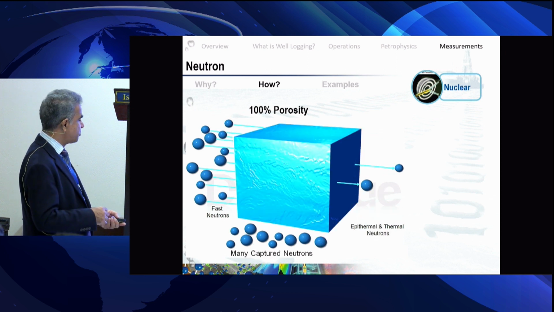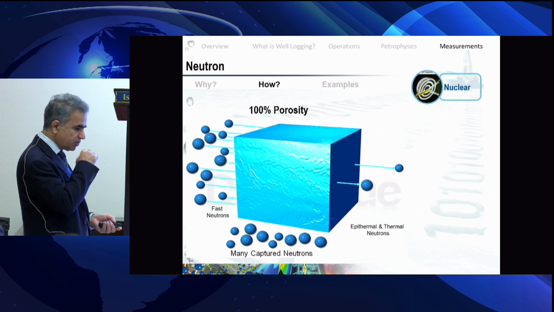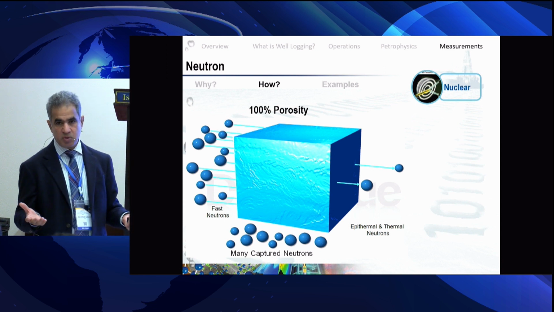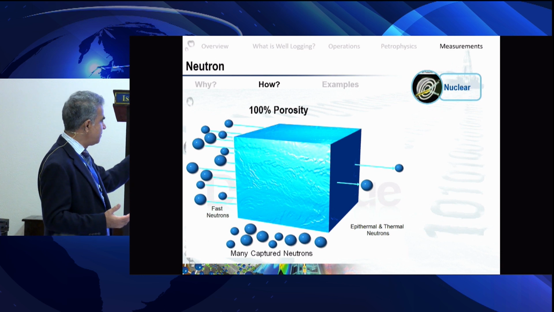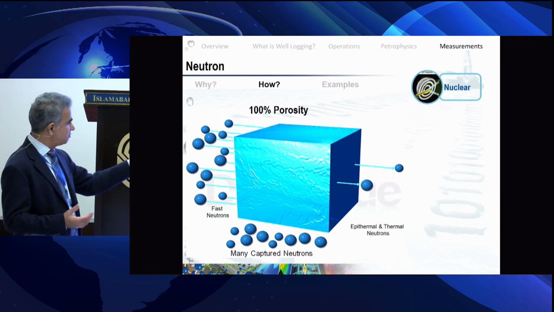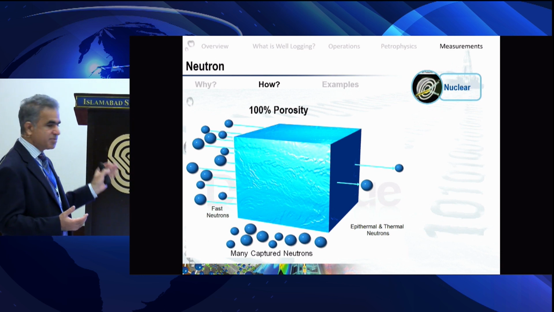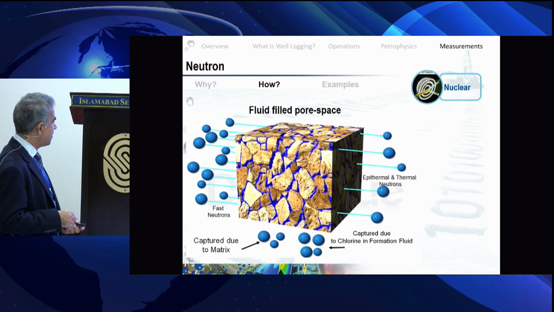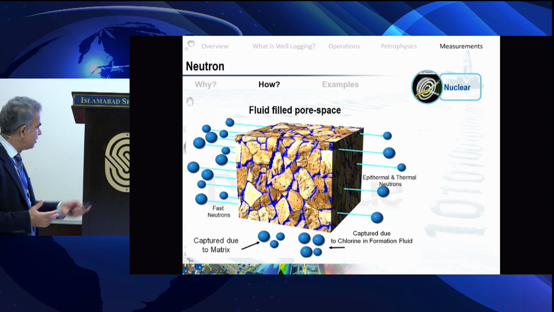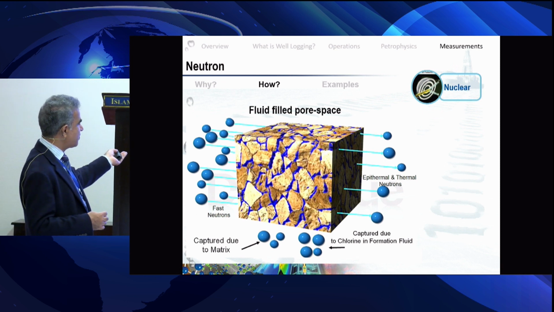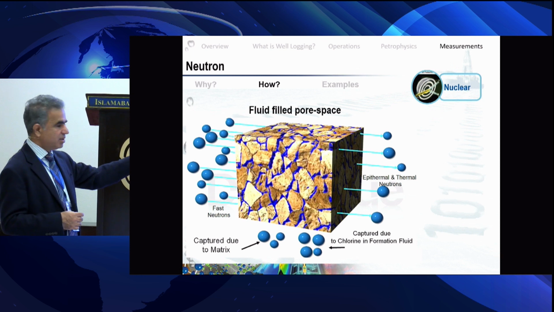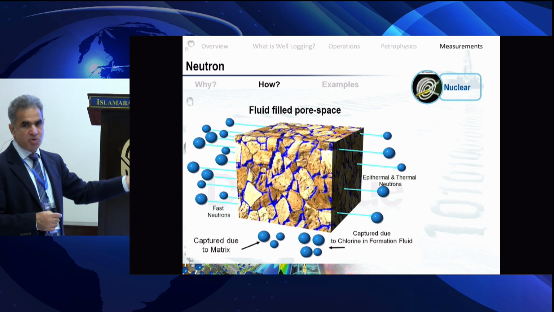That determines how porous it is. If we put the tool in a water tank, which is 100% porosity, there will be nothing coming to the detectors, which means all captured. So it's all porosity. In case of some porosity, you have a higher population on the left-hand side, but fewer neutrons on the right-hand side. So it means the rock has some solid part and some porosity.